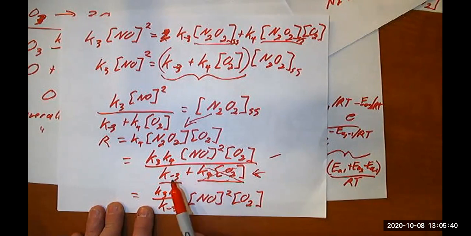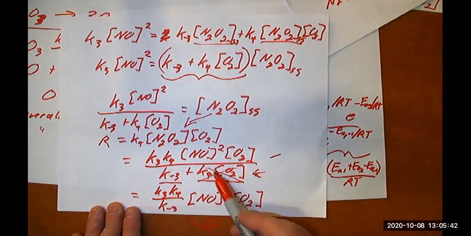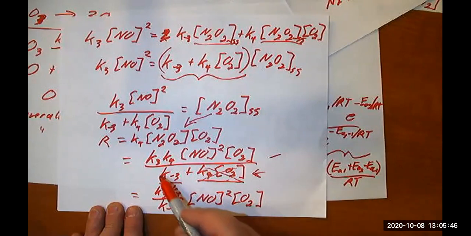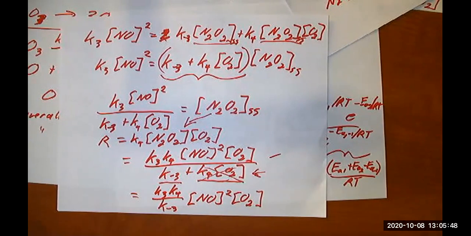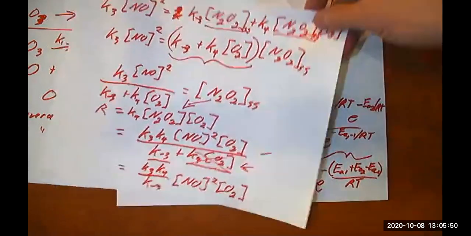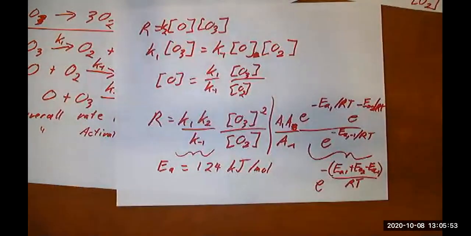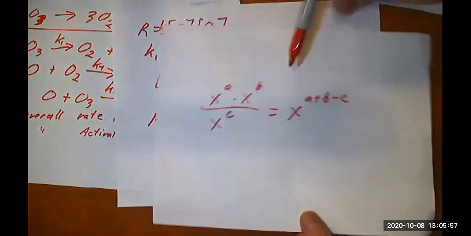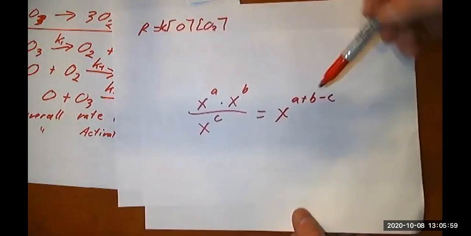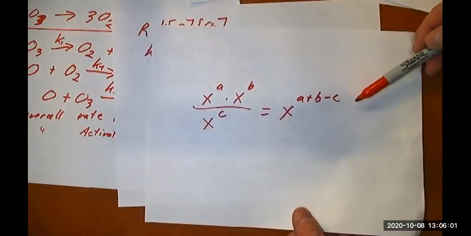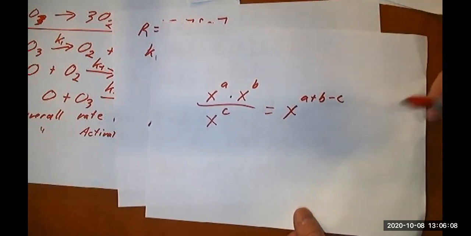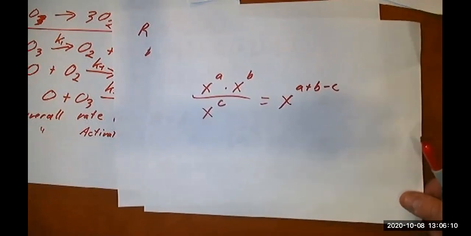You can't actually combine them in this way unless you do something like we did here to assume that one of the 2 terms goes away. But when they're multiplied or divided, this equation holds. And so, yes, multiplying and dividing rate coefficients means adding and subtracting activation energies.